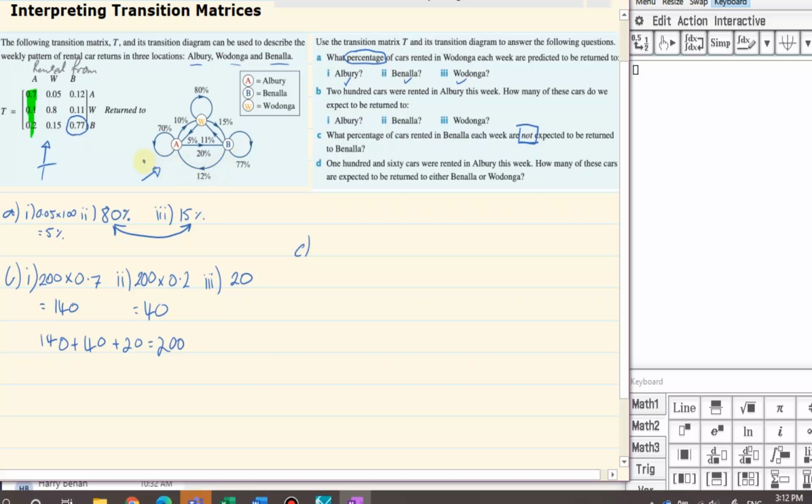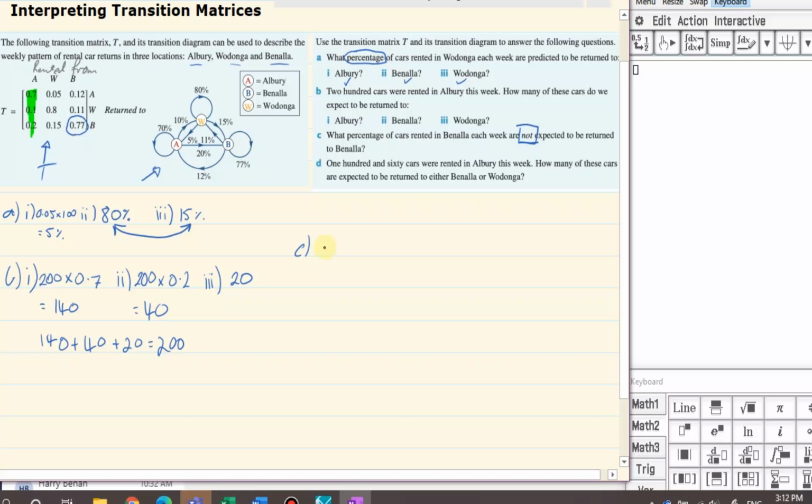If you've got a massive matrix, you might simply say we know that column adds to 100%, subtract Benalla's amount, and it'll find the other two. Or in a small one like this, you can also just add the percentages that go elsewhere.